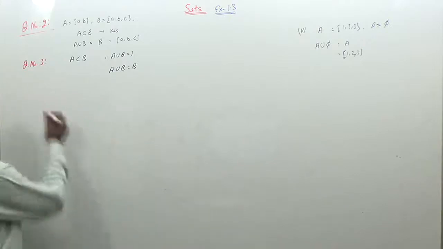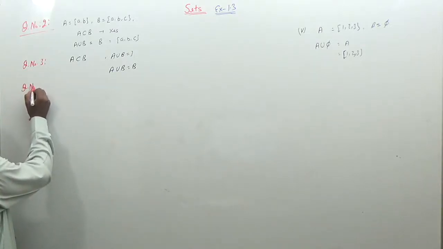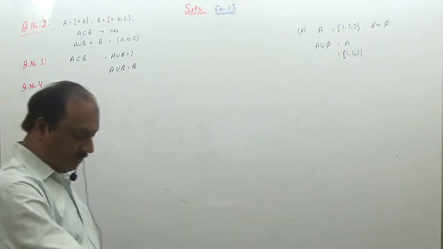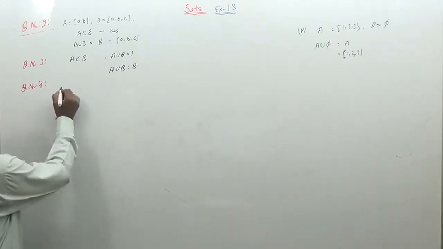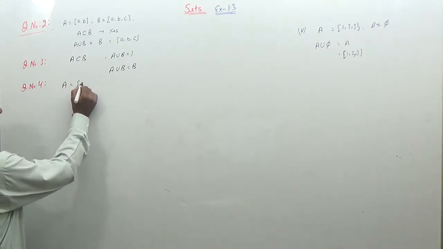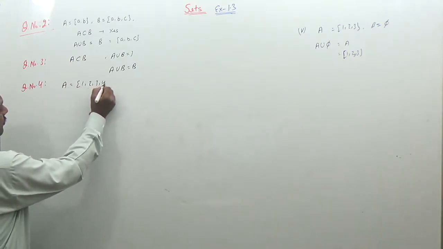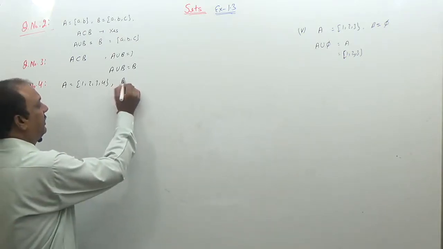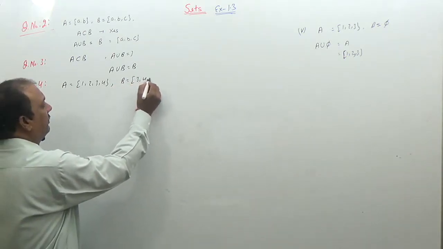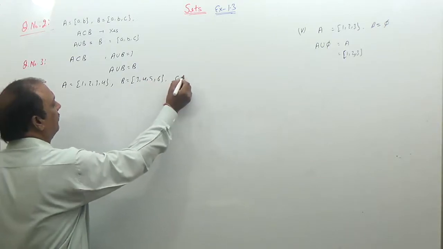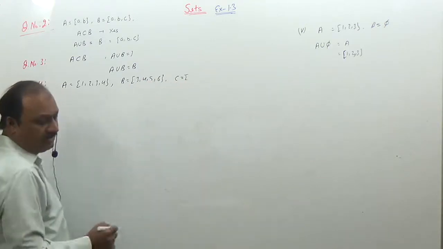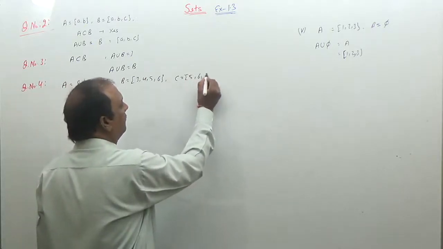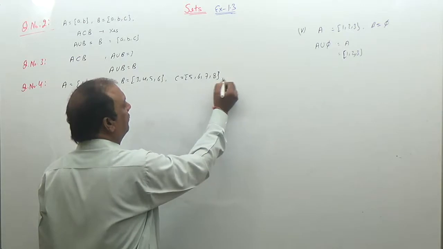Now, question number 4. There is a set A with elements 1, 2, 3, 4. There is a set B with elements 3, 4, 5 and 6. And there is a set C with elements 5, 6, 7 and 8.